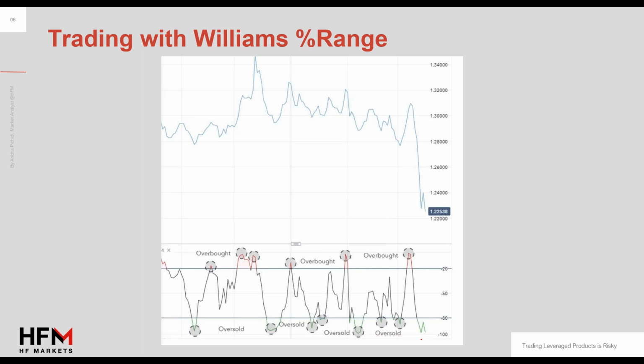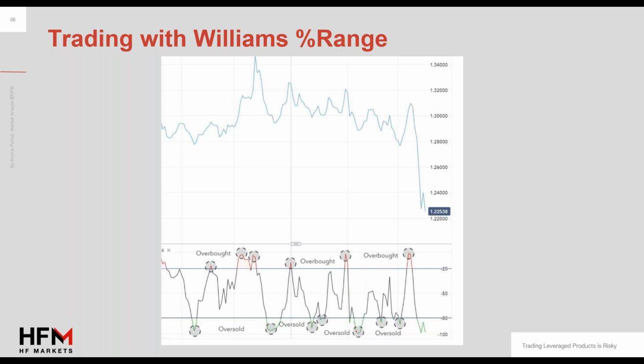If your trading strategy, guys, involves buying an asset once it shows that it is oversold, or selling an asset when you have spotted that it has been overbought, then the Williams percentage range indicator could be useful, because as we mentioned, it involves buying an asset once the indicator moves above minus 80.